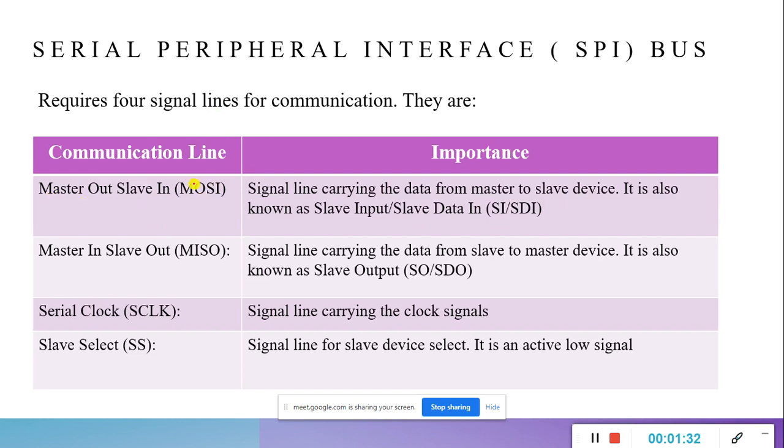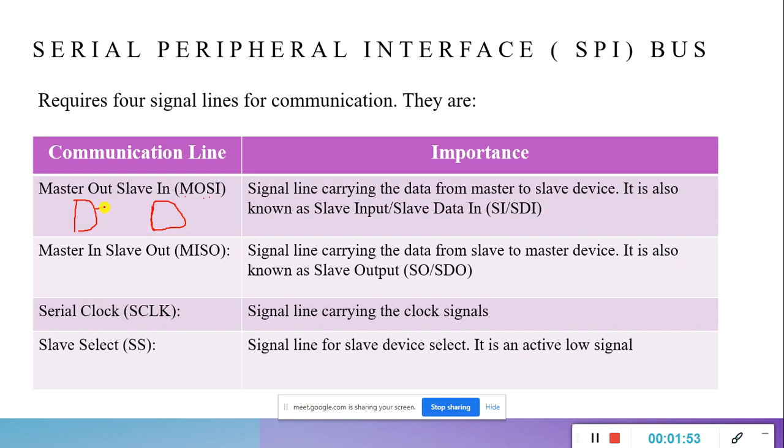The first is MOSI, that is master out slave in, which means output from the master is input to the slave. That is one line we will be having. So there will be master to slave transmission.